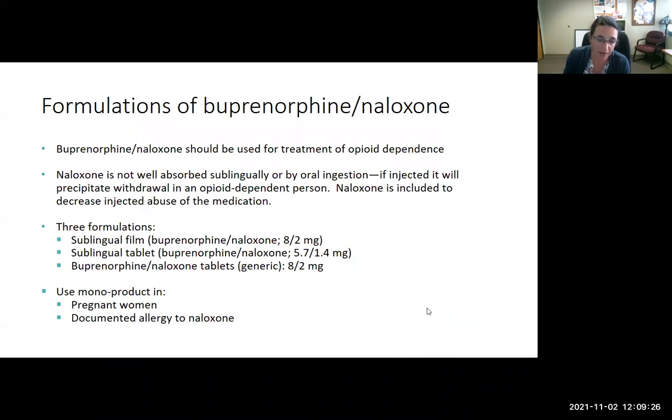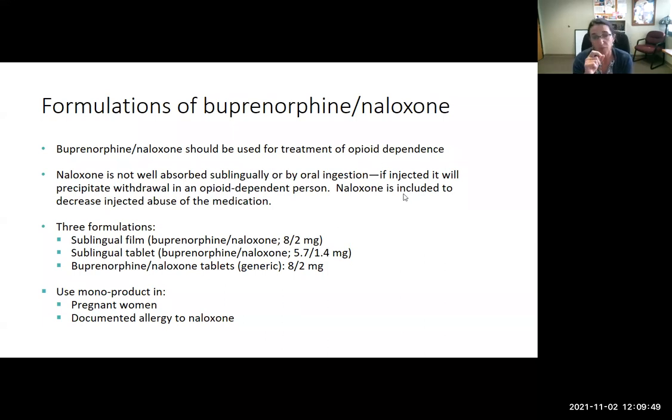So again, the buprenorphine-naloxone should be used for treatment of opioid use disorder. This is in contrast with Suboxone not being used for management of pain, whereas buprenorphine, certainly off of the X waiver, has indications for pain and can be very effective.